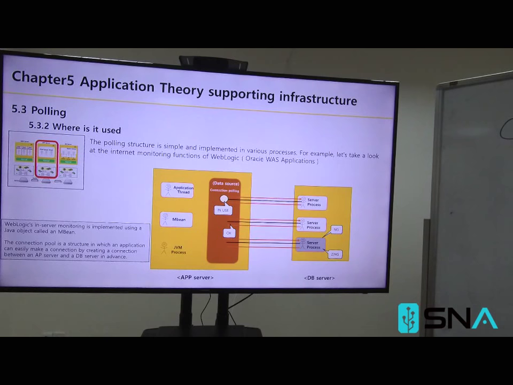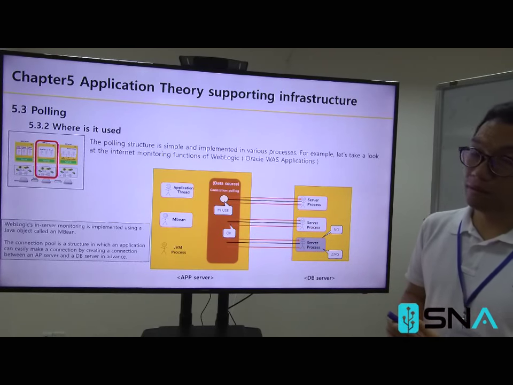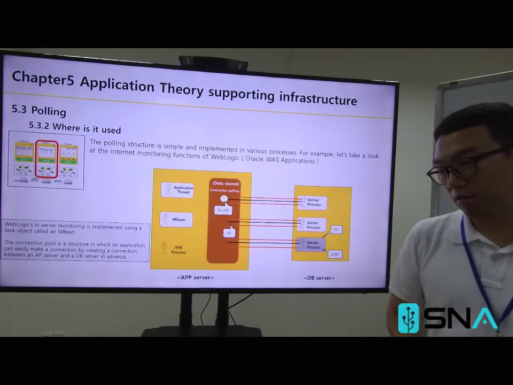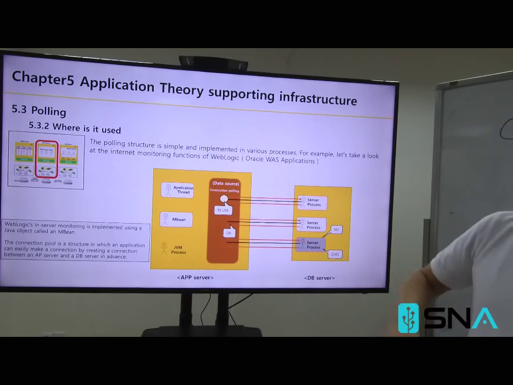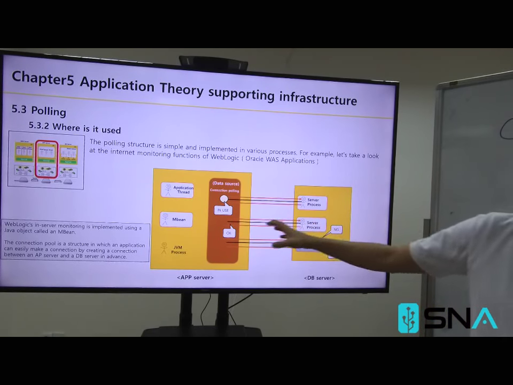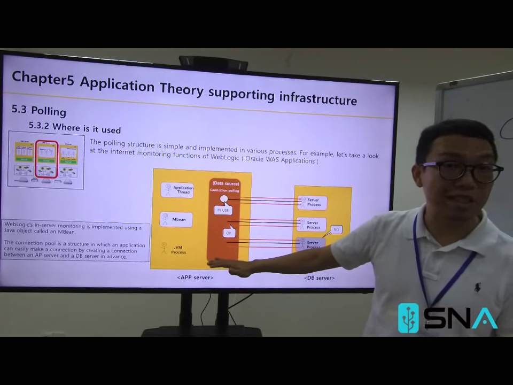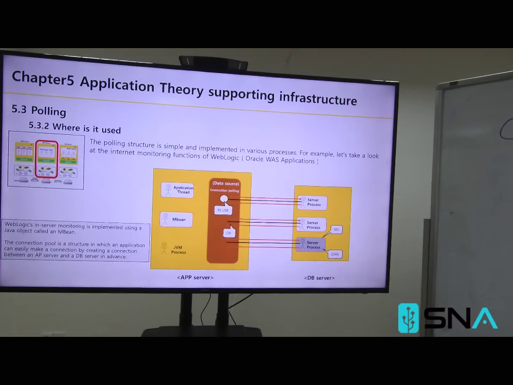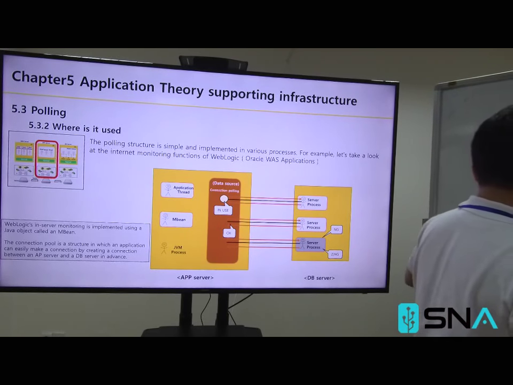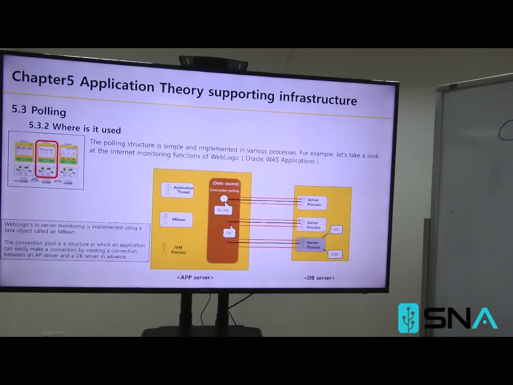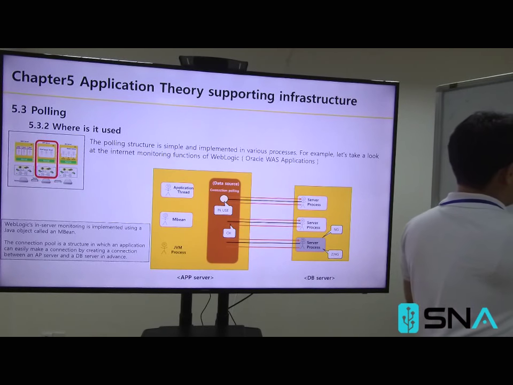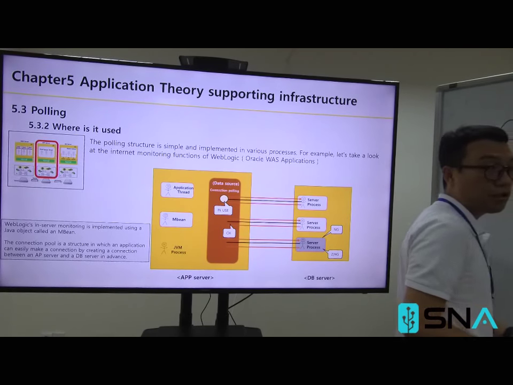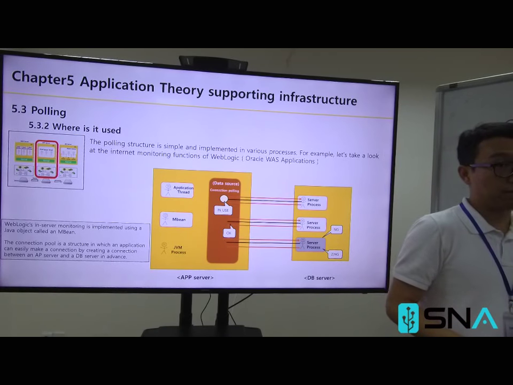So this is just the application server part. The application server part already uses this polling architecture. The polling structure is simple and implemented in various processes. For example, let's take a look at the internet monitoring of WebLogic. For application servers there are many layers of applications.